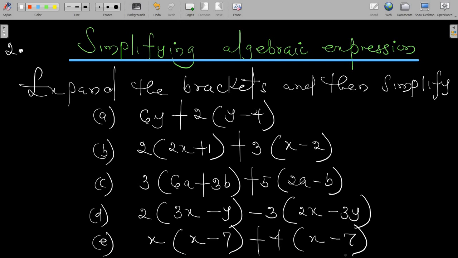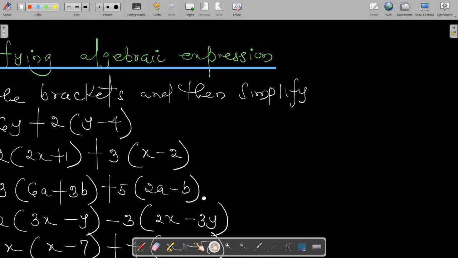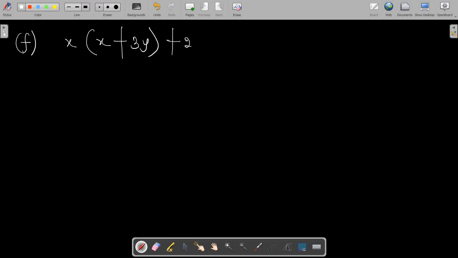So let's take it down. Then I move on to the 5th one. The f, we now have x into bracket x plus 3y. Then we have 2x into bracket x plus y. So let's take these questions one after the other.